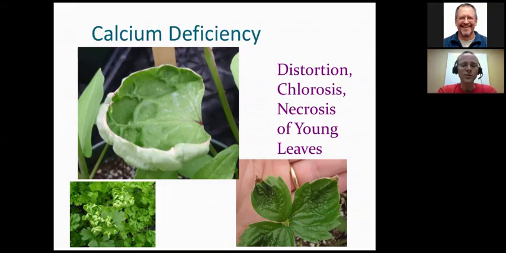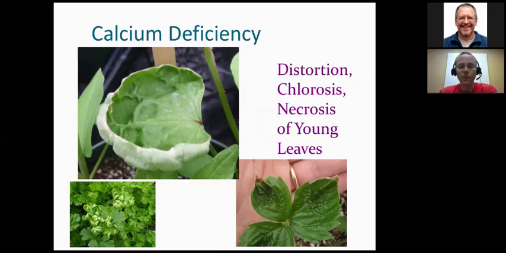It almost looks as if there's a drawstring at the base of these leaves, and somebody just pulled on that drawstring, and those leaves just kind of cupped up or curled. The distortion caused by the calcium deficiency, and this plant there on the bottom right, very similar.